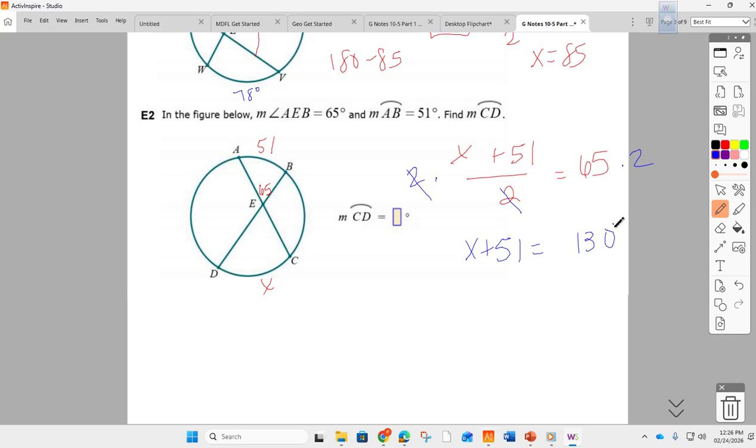And so now we know that the measure of arc CD is 79 degrees. And we can test it. 79 plus 51 divided by 2 equals our angle measure of 65 degrees. So these are easy to go back and check and make sure you got them right. All right, y'all caught up with me?